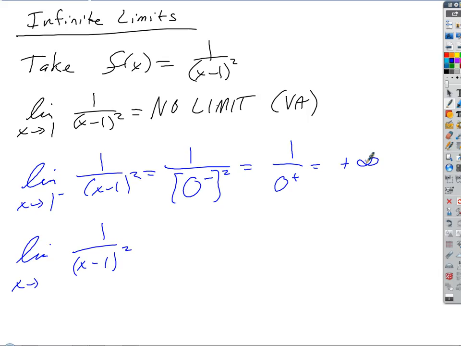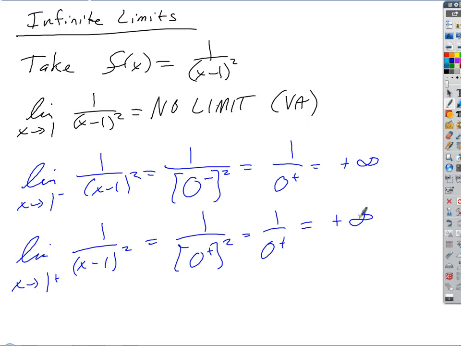Okay, what about down here? Same thing, if we take the limit as x approaches 1 from the right, I'm going to get 1 over, what's the number inside going to be? If I take a number slightly bigger than 1 and subtract 1, what do I get? 0 plus. I get a small positive number. And so that's equal to 1 over 0 plus, and so that equals positive infinity.